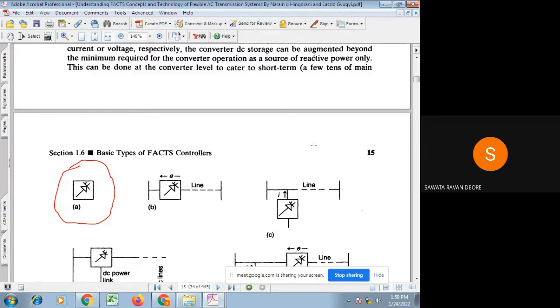This is the symbol for a diode. If it is provided with this gate terminal, then it is an SCR. And if this gate terminal is given by a cross symbolic representation, then it is called a self turn off capability power semiconductor device. That is, we can call it an IGBT.